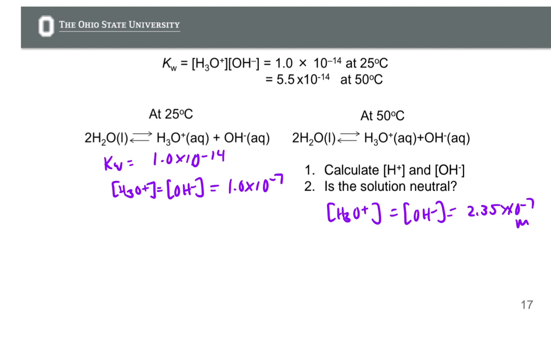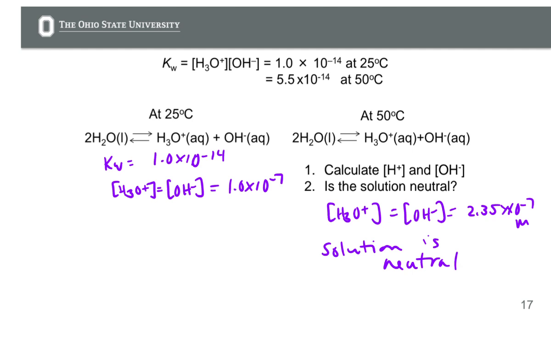Okay, so this is, again, taking the square root of the Kw. Same ICE table setup as was at 25 degrees Celsius, just a different Kw value. So concentrations of H3O+ and OH- are the same, right? Is the solution neutral? Yes, the solution is neutral.